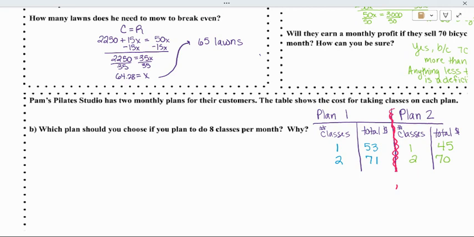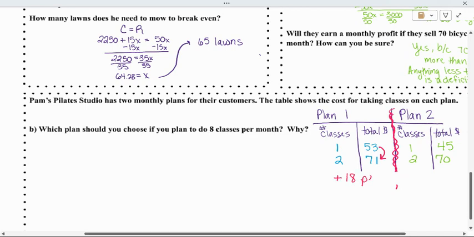So how much is the cost changing for each class in plan 1? Let me say it again: how much does the cost change based off of the number of classes? It goes up by 18. Yeah, in plan 1, we add $18 per class.